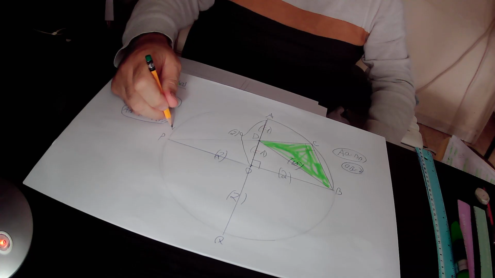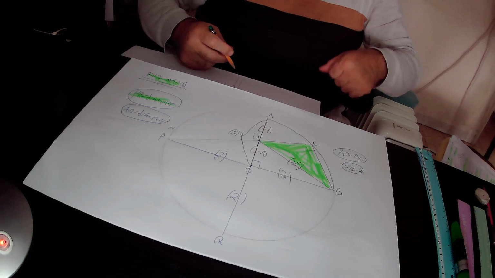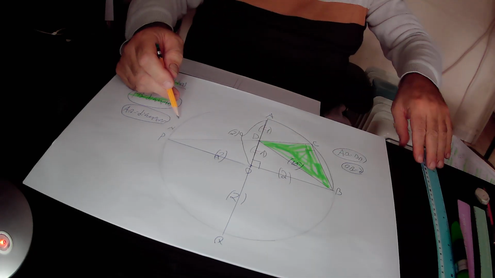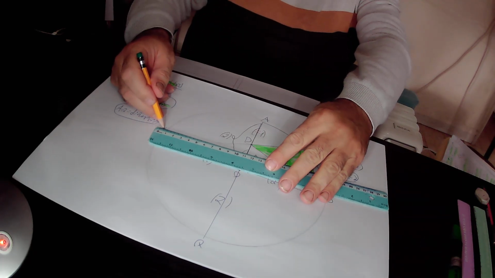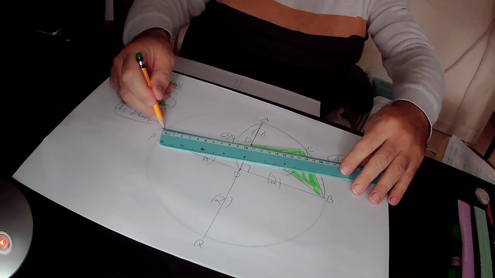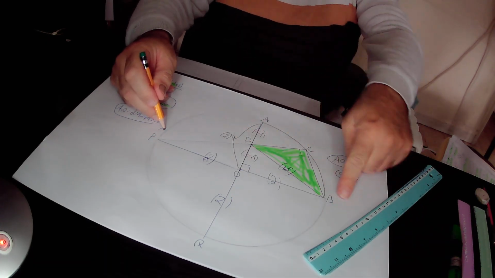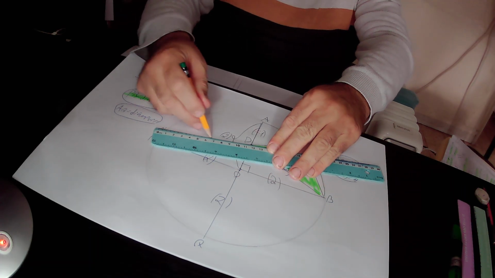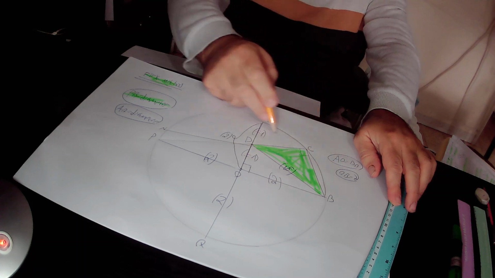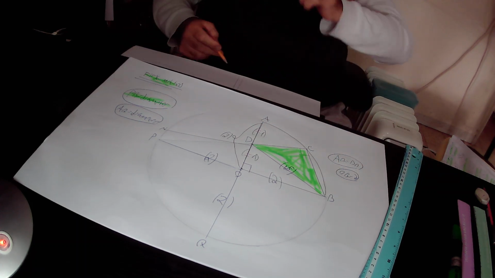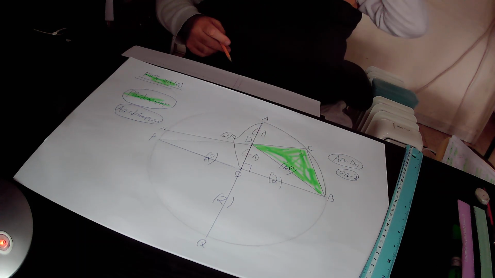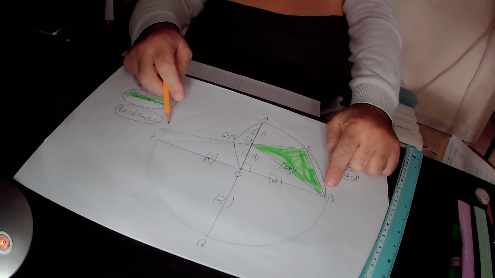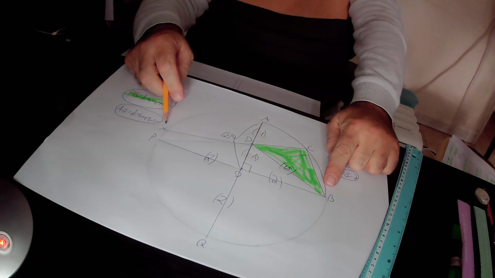So according to our assumption, we have here triangle DCN. This is triangle BCN. Angle BCN is equal to 90 degrees in size, and angle BCN subtends this chord BN.